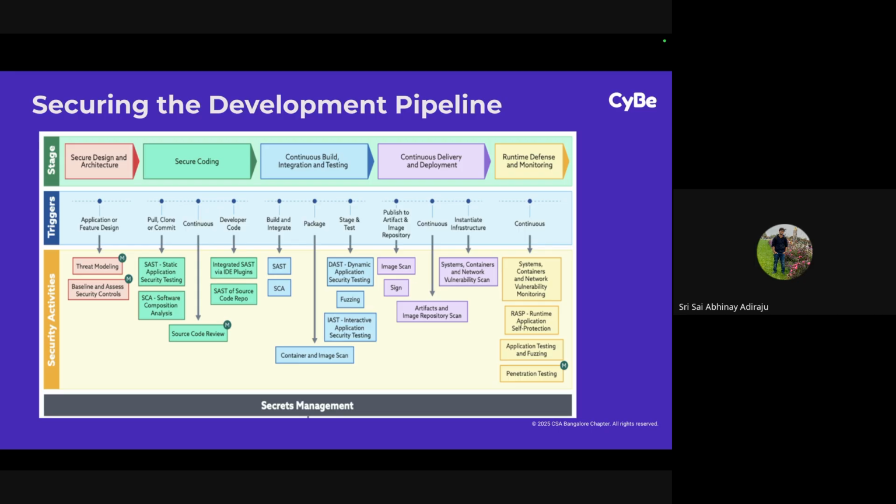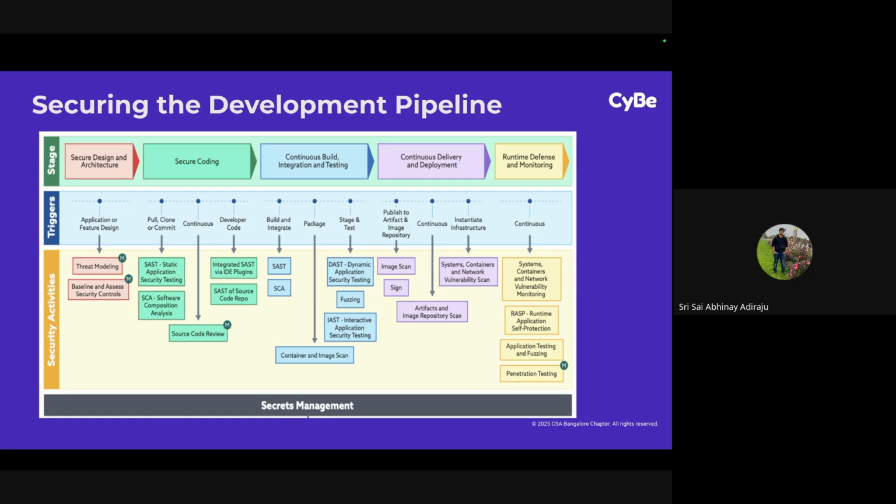And throughout this, one horizontal thing that needs to be maintained across is how you ensure secrets are maintained and managed. At every stage, you need secrets for a lot of things. For example, your DAST may need some secrets to simulate tests against your application. When an image scan happens on the registries, you would need credentials to that registry stored somewhere, right?